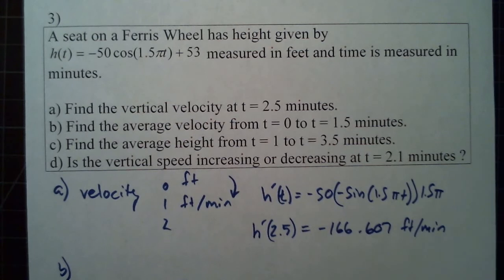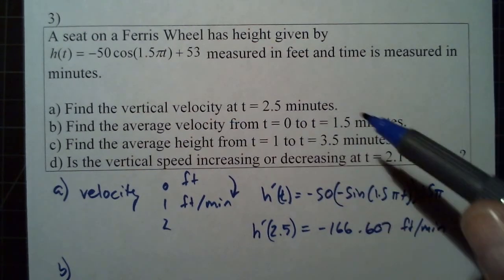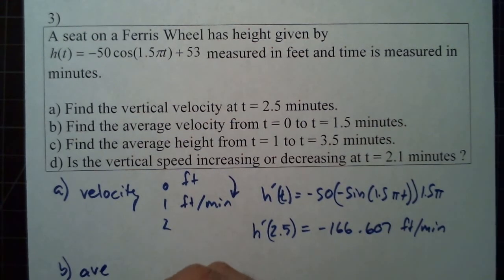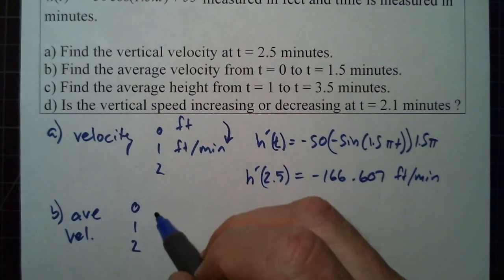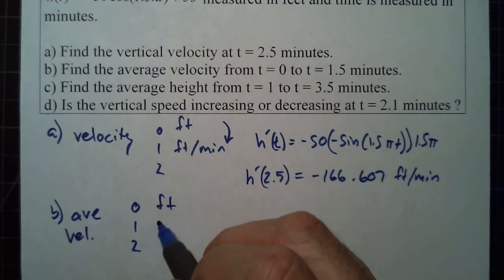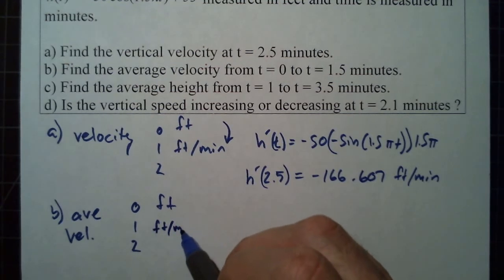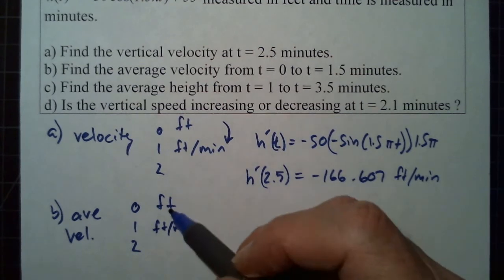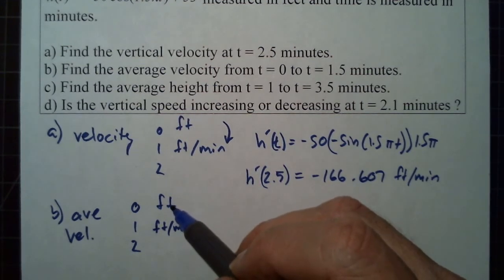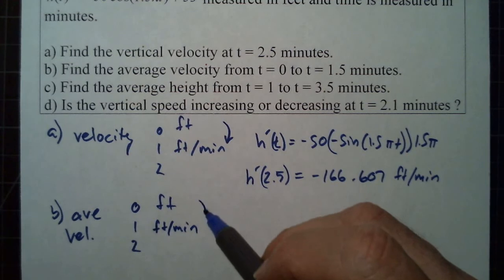Alright. Part B, average velocity. Average velocity, and we have to be careful. We don't want to just always do the same thing when we see the word average. We have to look at whether we're moving up, whether we're moving down, or staying on the same level in these levels of rates. We're starting at position, we're going to velocity.